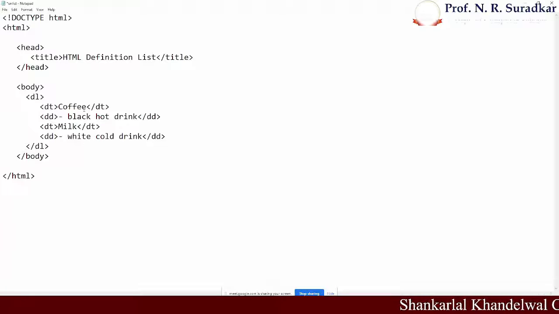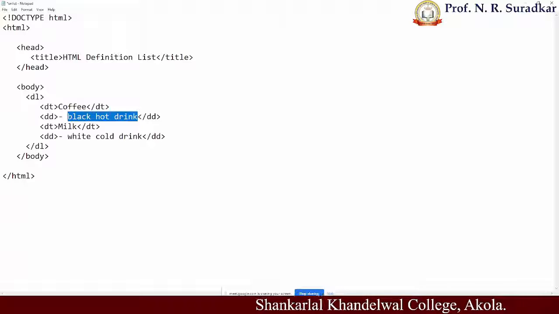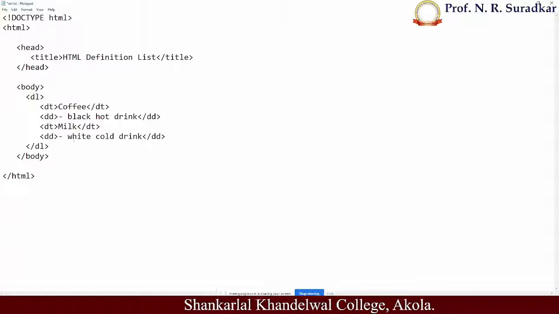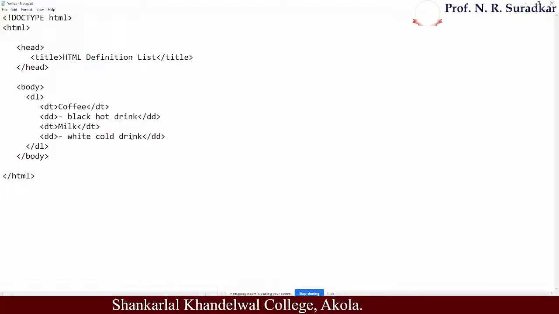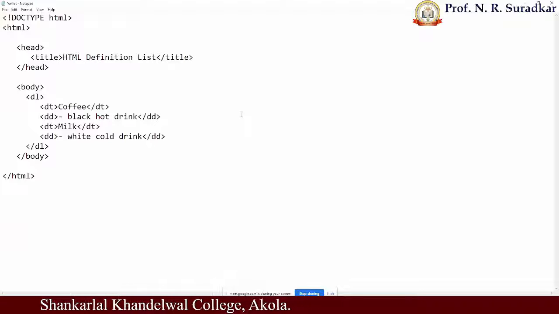Then the information associated with it has to be put into the opening DD tag and closing DD tag. The content which we are specifying here is coffee, black hot drink. Then the second defined term, milk. The associated information is white cold drink. Simple, basic definition list program.